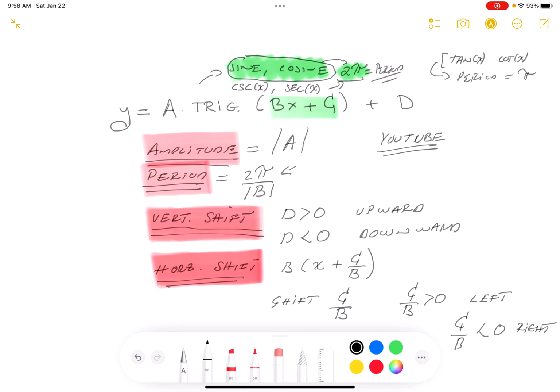What you do is simply type in trig phase shift. And what are you going to get? You're going to get a ton of videos. Now, the first video you click on, you may not like it. Click on another one. May not like it. Click on another one. You'll find something. And typically what you find is a channel that you like, that you go back to.